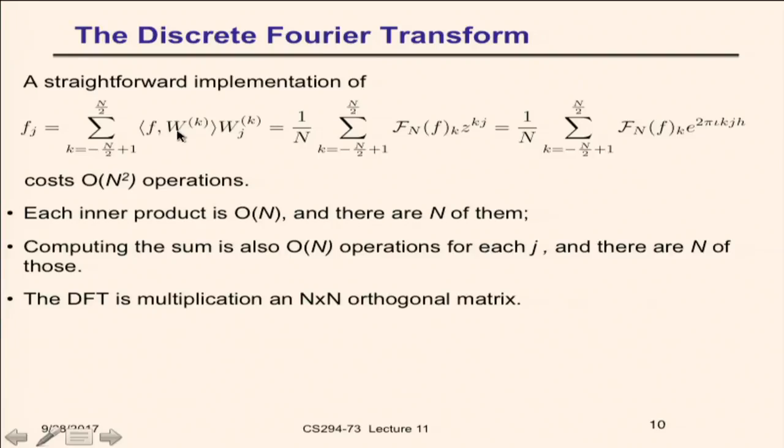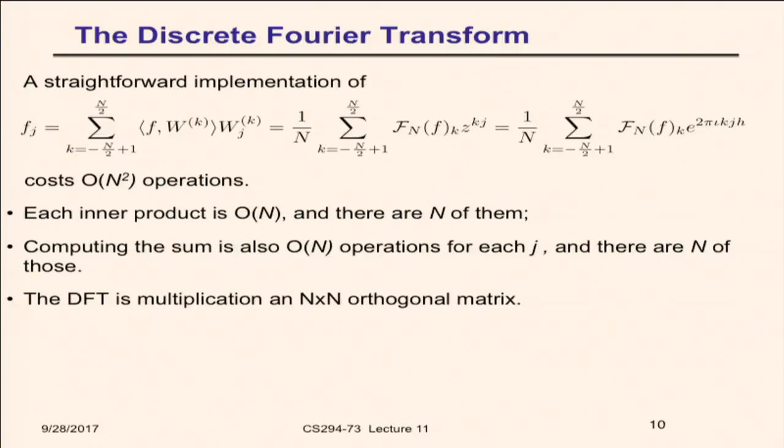You compute f inner product w_k to get each expansion coefficient, and there are n of them. Each of those inner products takes order n multiplies and adds. And there are n of them.